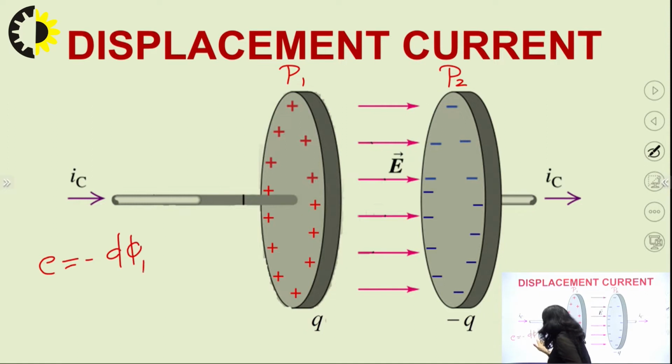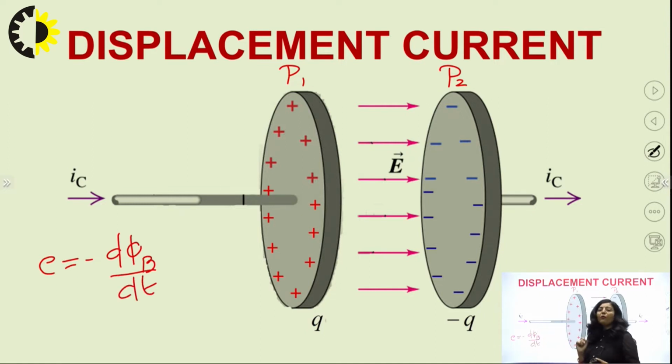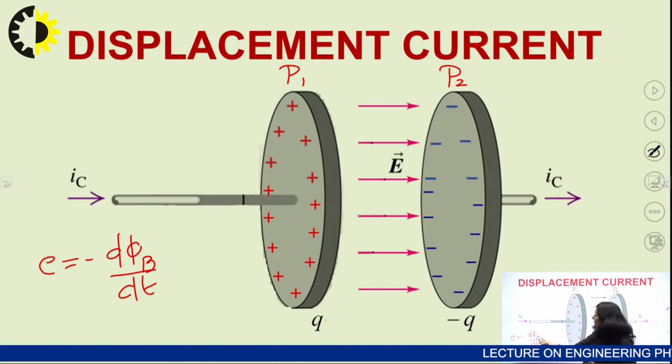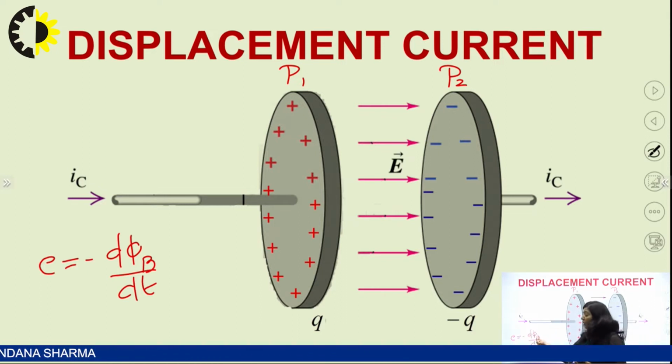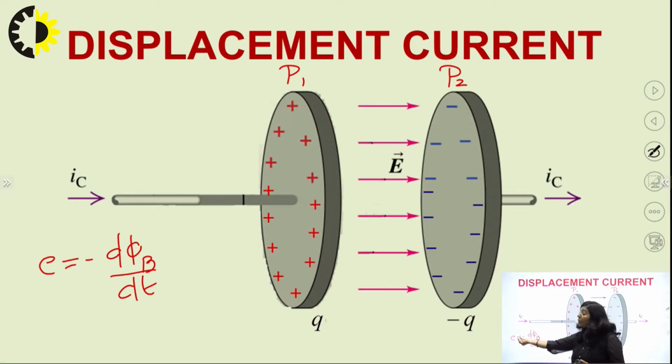So you all know, according to Faraday's law of electromagnetic induction, rate of change of magnetic flux is equal to induced EMF. And when I'm saying change in magnetic flux, you know magnetic flux is basically the product of magnetic field and the area.